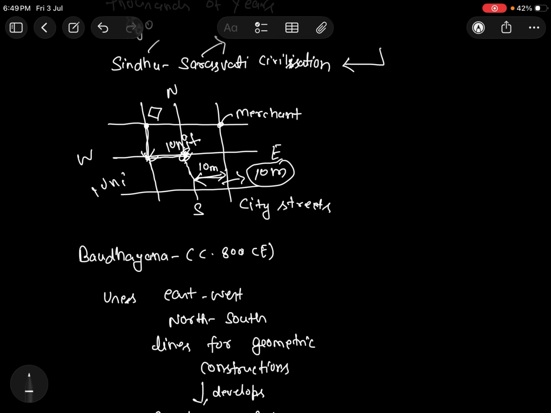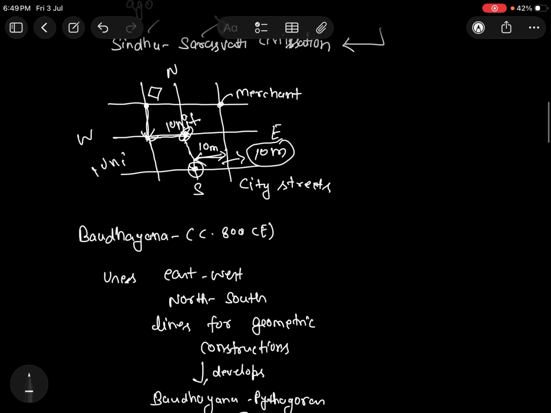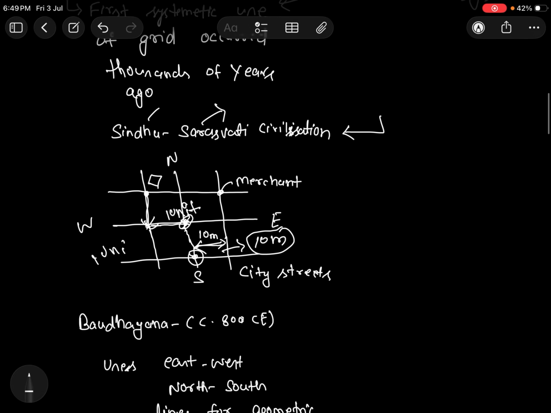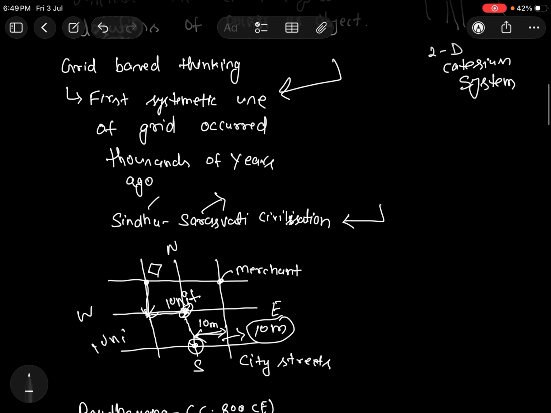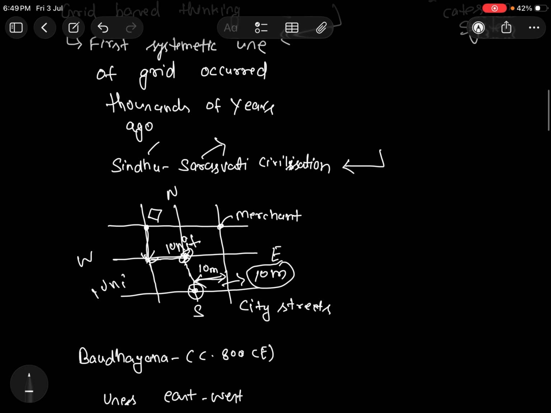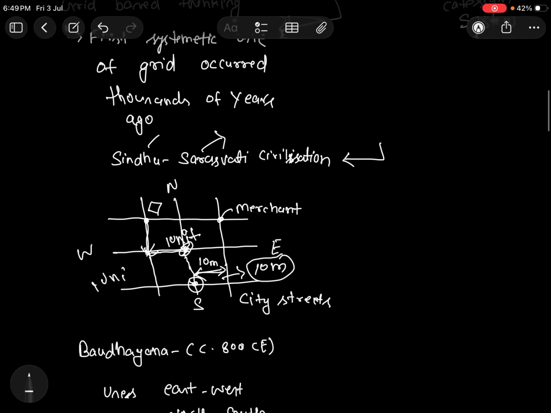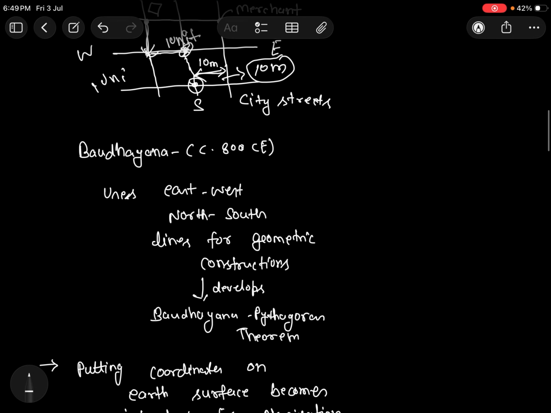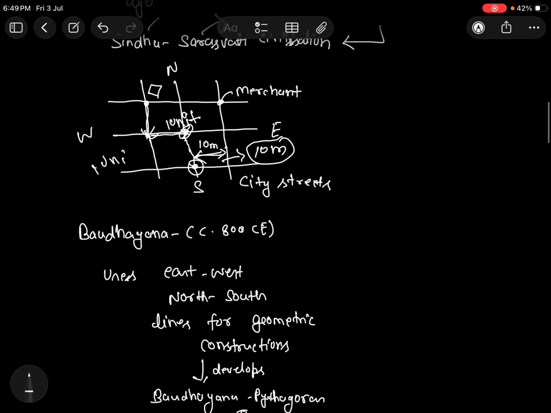You can easily locate any shop or house or warehouse just by describing the number of units along each road. You need to cross 10 units, 5 units in the east direction, and 10 units, 5 units in the west direction. So grid-based thinking for describing the location of any particular point came first in the Sindhu Saraswati civilization thousands of years ago. That is the first development of grid-based thinking.